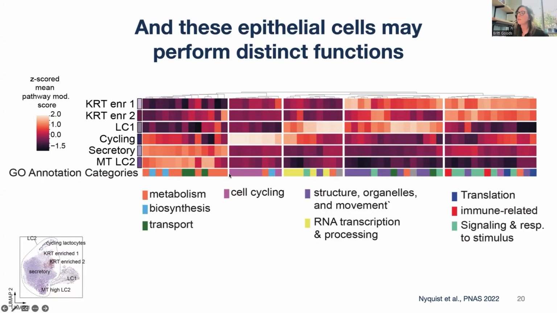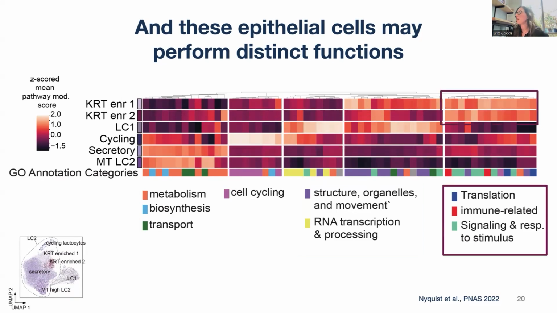That is what is in this colorful track down here, and then each of these is our individual cell types. What you can see is that we do have some grouping of cells that maybe have more of a role in metabolism and biosynthesis, some that are cycling, some that might be more important, mostly LC1s, in the context of structure, and then some that are more important for translation and possibly inflammation-related activities.